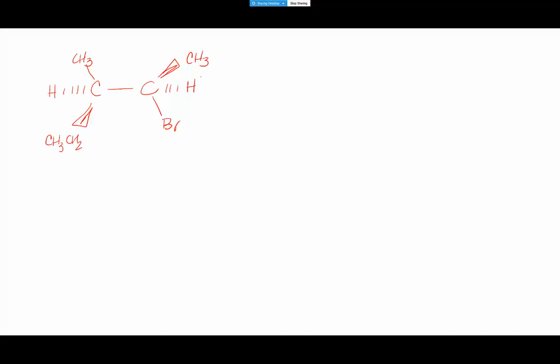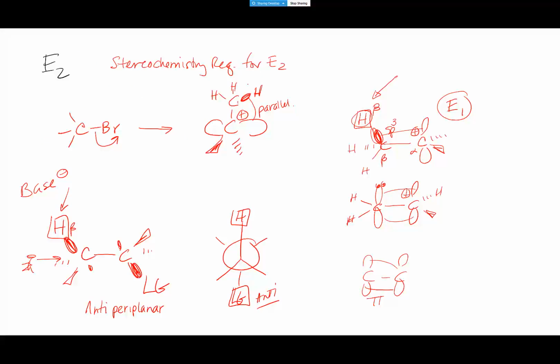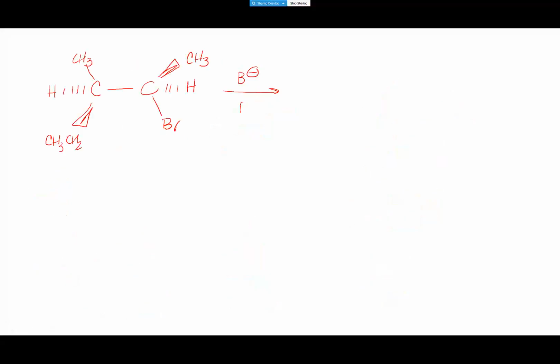So let's say we take this molecule and react it with a strong base in an E2 mechanism. Which carbon is my alpha carbon? The right carbon is the alpha carbon, the left carbon is the beta carbon, and there's a beta carbon up here.